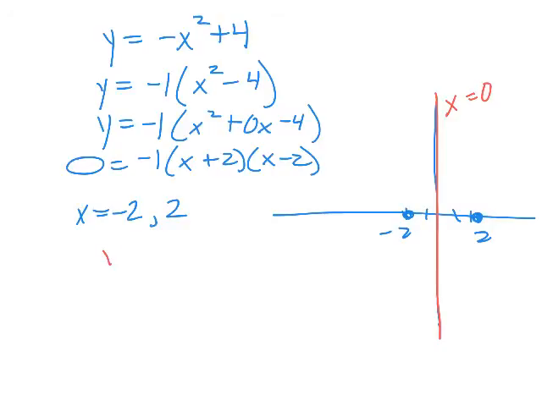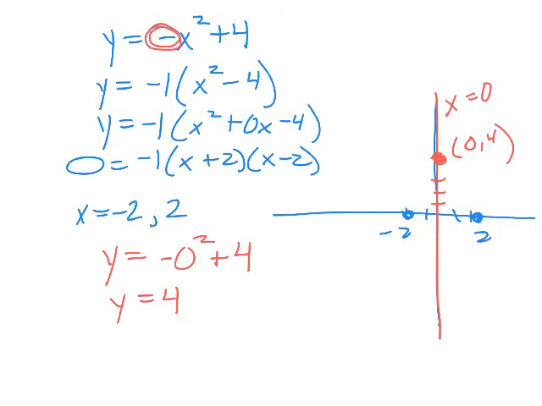And if I plug in 0 to the original standard form equation, I get y equals 4. 1, 2, 3, 4. And you'll notice the vertex is above the x-intercepts, which is indicative of the fact that the negative in front makes our parabola concave down.